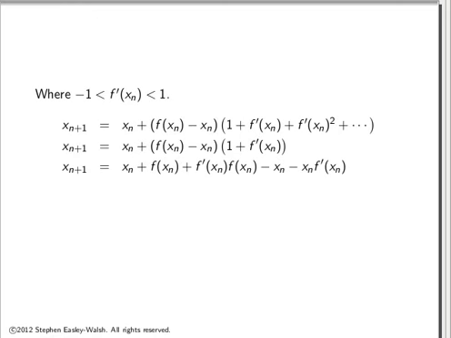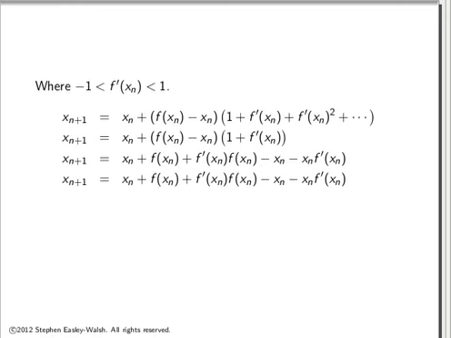Now, let me just copy this. We can see something cancels. What cancels here? There's two things that cancel. Yeah, the xn. And then let's see if anything else cancels. Okay, so now we have this. No, that's it for cancelling. But look, there's something in common at least.